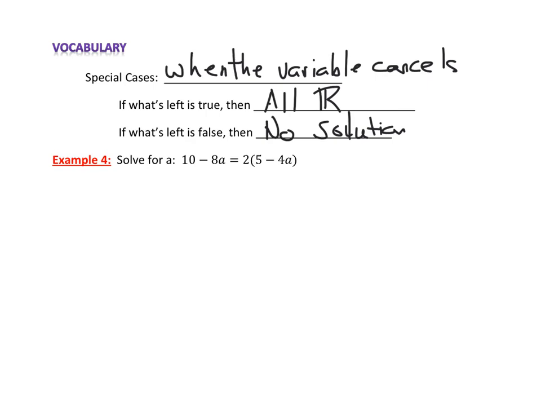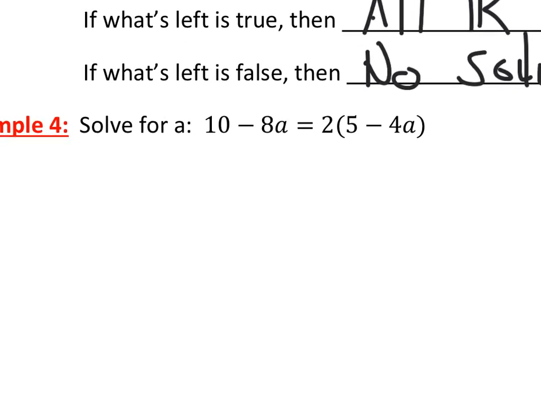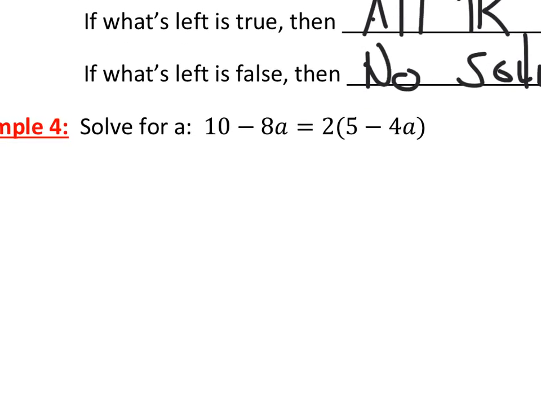Okay, so example 4 will deal with a special case. If I go through and solve this using the same process as we had before, which means I'm going to simplify both sides of the equation. The left side you can't do anything with, but the right side I will distribute through. So I'm just going to bring the left side down. So if I distribute through, I get 10 minus 8a.